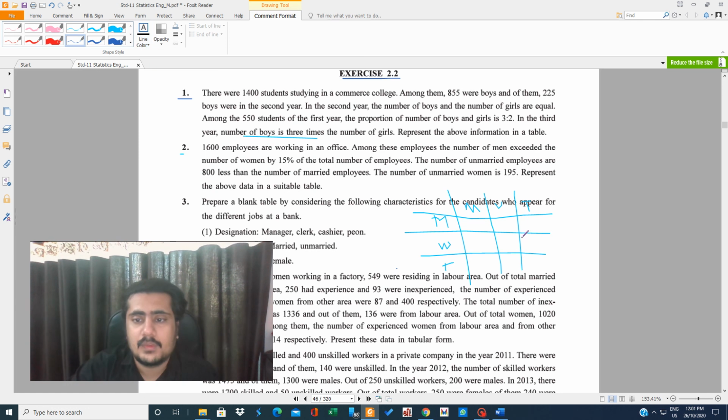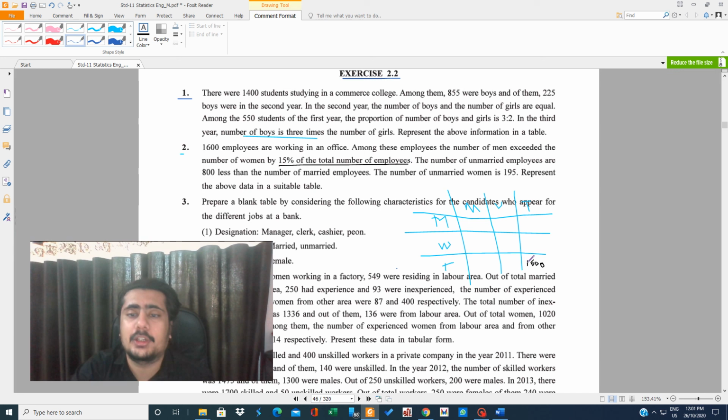Now in total there are 1600 employees working in an office. From this 1600, men exceeded the number of women by 15% of the total number of employees. First of all, I would like to clear this line: 15% of the total number of employees.